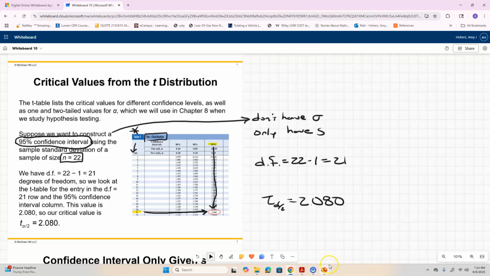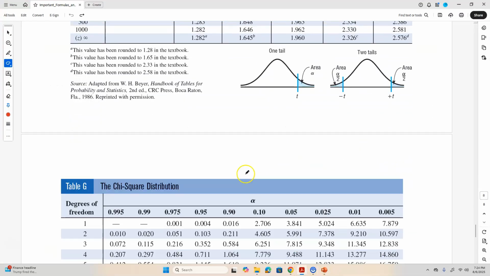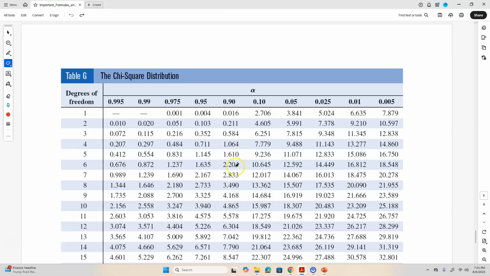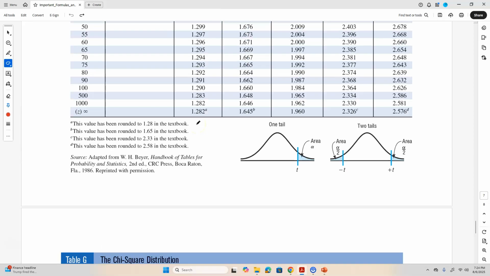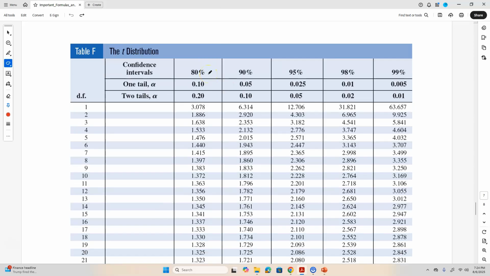Okay, I'm going to pop up in the actual chart again, because that little picture is kind of small. So we're on this chart with the t distribution. Again, in this case, we had degrees of freedom of 21.